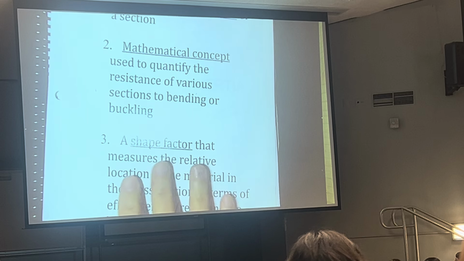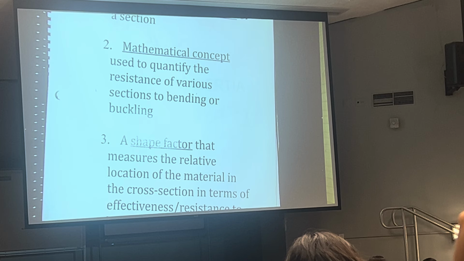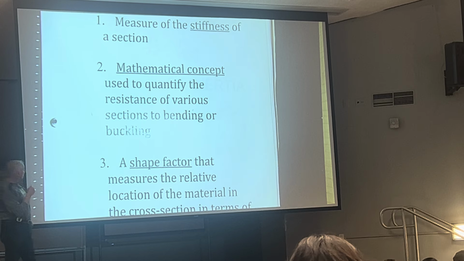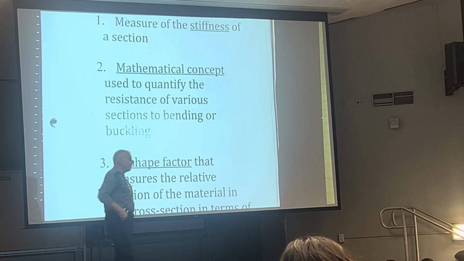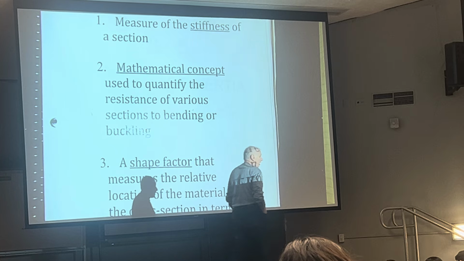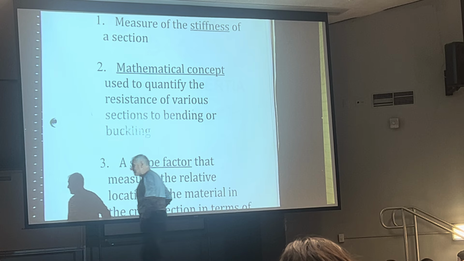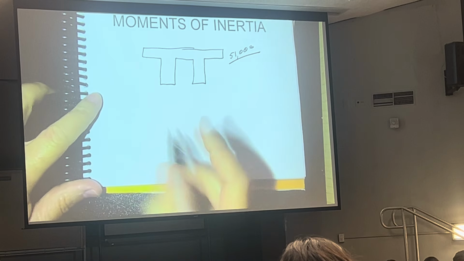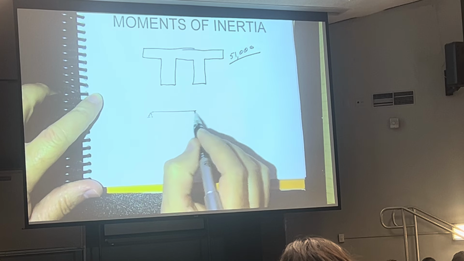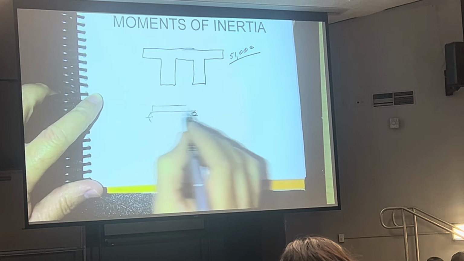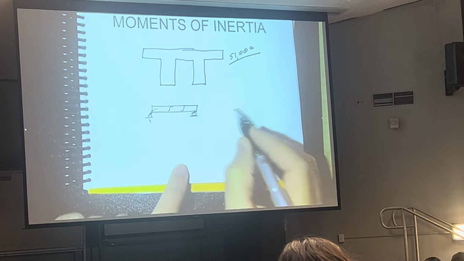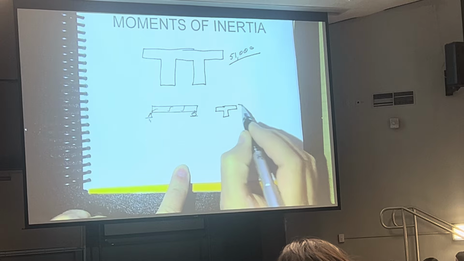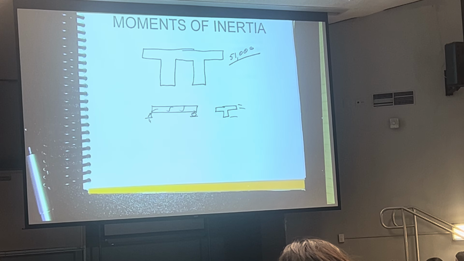All right, definition. All three of these definitions say the exact same thing. What is I? I is the stiffness of the section, of the shape. So when you go to the next class, you're going to have a beam, and you're going to have a load, and right next to it, you're going to have the actual look of the section, and it'll give you dimensions and so forth.